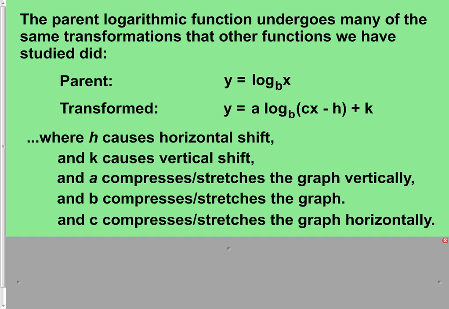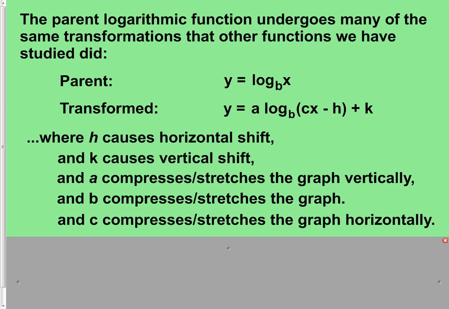Okay, the signs of A and C, pardon me, have reflection properties to them, but the A and C values themselves are either going to compress or stretch the graph depending on which of the two variables is changed and which direction, whether they're getting bigger, whether they're getting smaller, stuff like that.